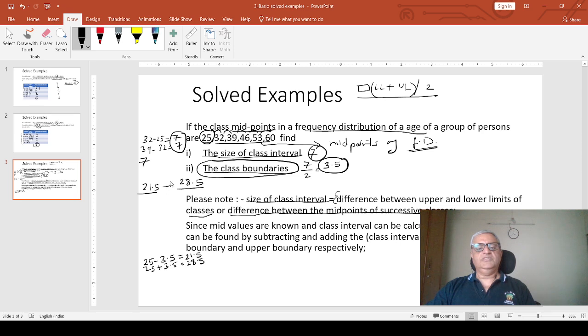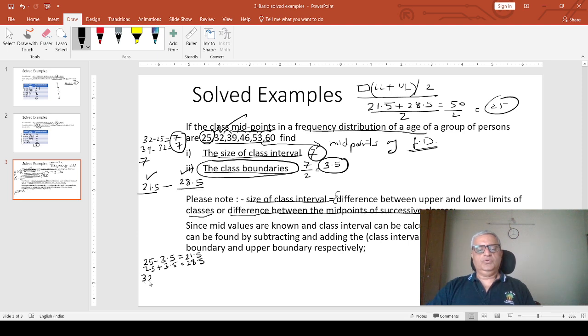Now if you want to calculate the midpoint, as I said, it is upper limit plus lower limit divided by 2. So 21.5 plus 28.5 is equal to 50, divided by 2 is equal to 25. So when 25 is the midpoint, my lower limit is 21.5, upper limit is 28.5. Similarly, I have to take the second midpoint, 32.